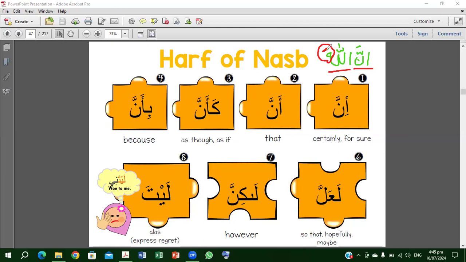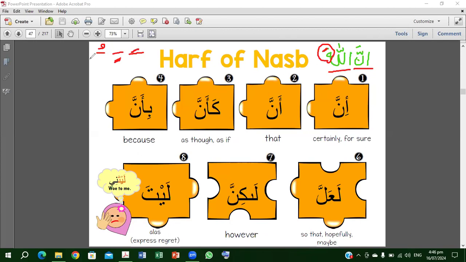So just as a revision, I'm telling you that if there is a fatha, this is nasab. If there is a kasra, this is the status of jar. If it is a dhamma, this is the status of rafa. Remember, dhamma is a sign of status of rafa, kasra is a sign of status of jar, and fatha is a sign of status of nasab.